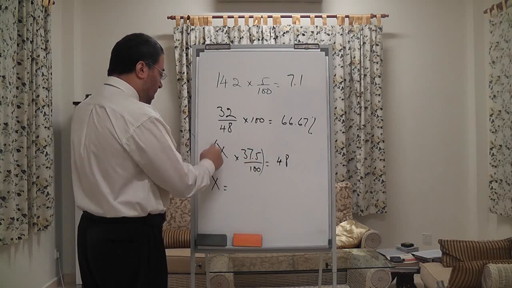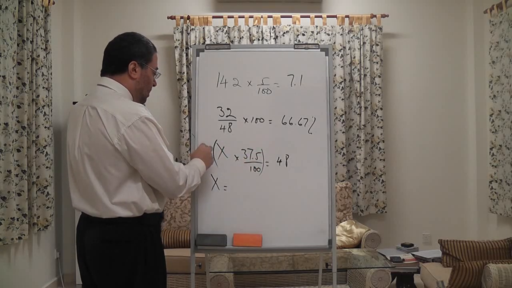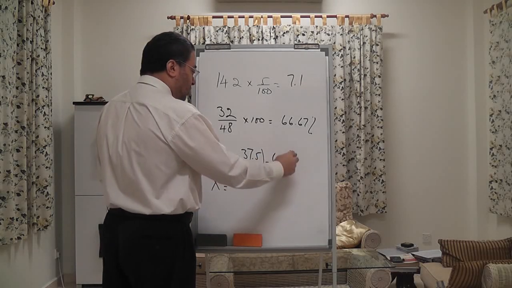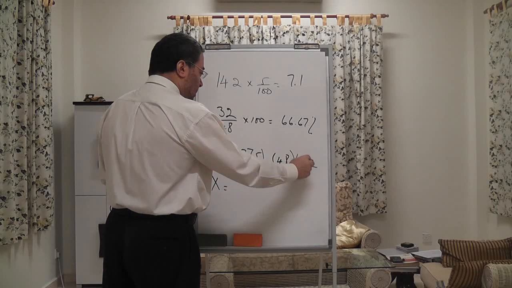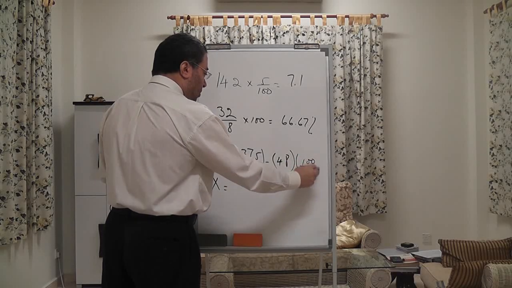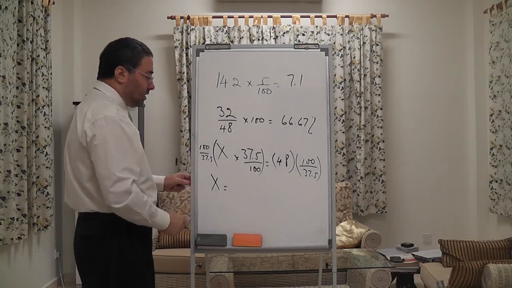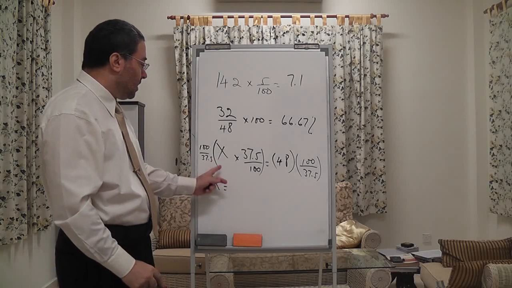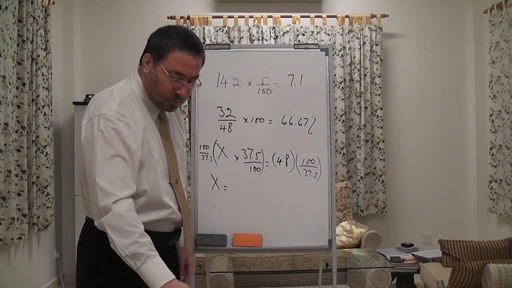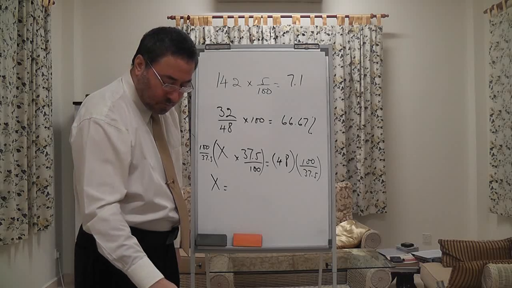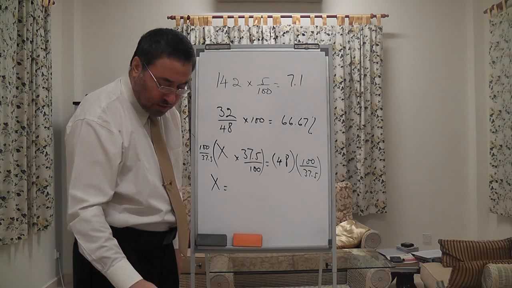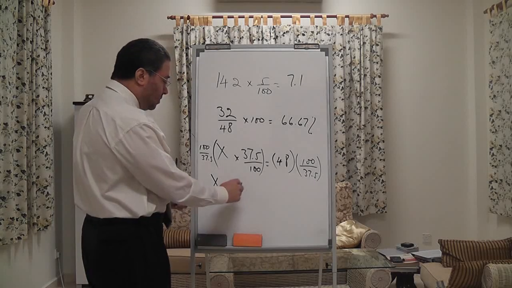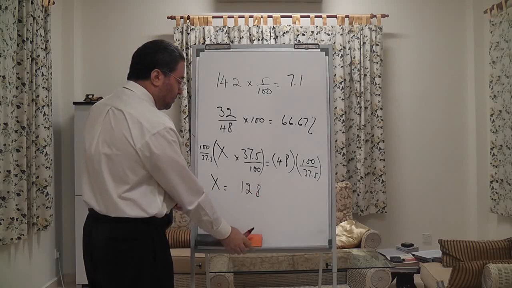We multiply everything by the reciprocal of this, which is 100 over 37.5, and we multiply this also by 100 over 37.5. X equals, this cancels with this, we get a 1, these are reciprocals, and now we calculate this. 48 times 100 divided by 37.5, and that's equal to 128.